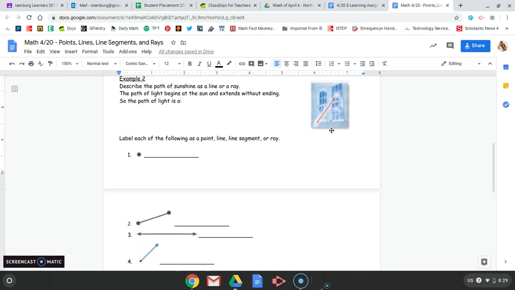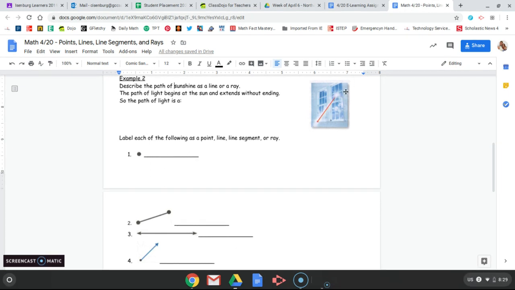Well, I just talked to you about this. So if this is the sun, right, and it starts here and it only shines this way, the sun cannot shine back on itself. It only shines outward, right? So it has an end point here. The sun is the end point, and it's shining forever and ever in one direction.